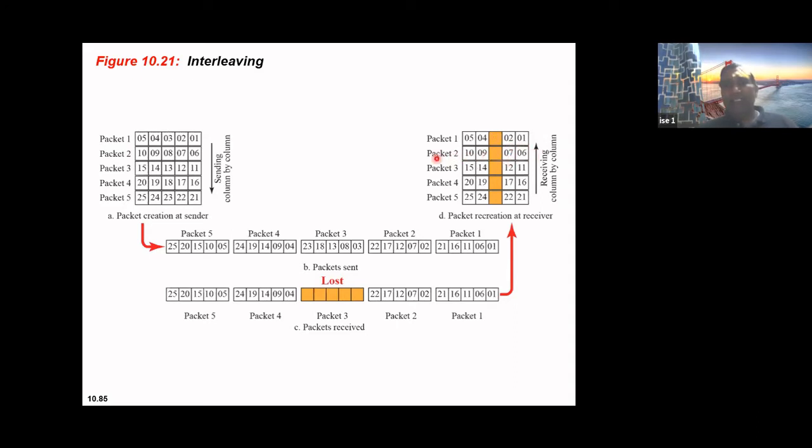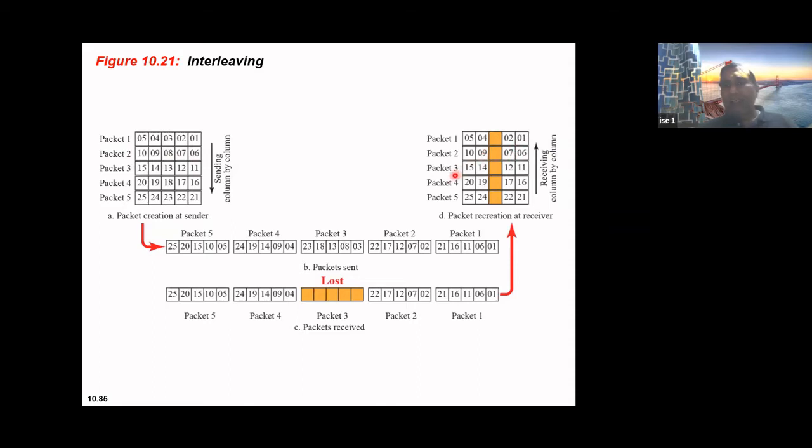So 40, this checksum was 40. 40 minus 19 plus 7, 26 plus 32. So this will become how much? 40 minus 13, minus 9.